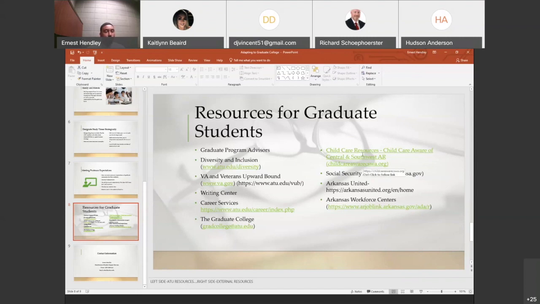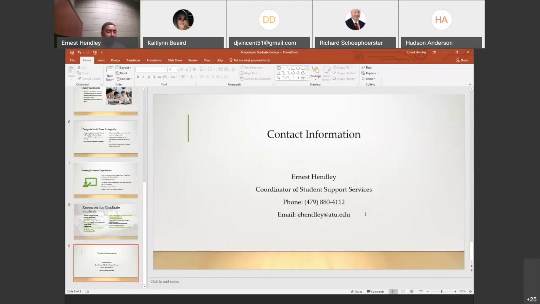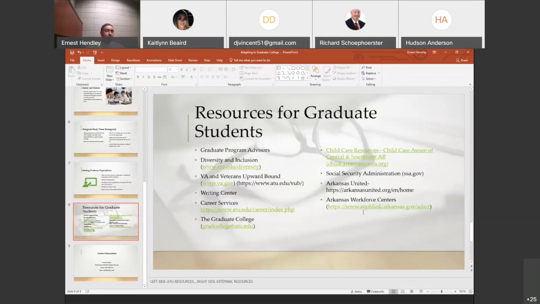And then we also have some external resources. We have Child Care Aware of Central and Southwest Arkansas. If you have some child care needs and want some resources while you're in graduate school, that's a great resource. The Social Security Administration, if you need passports updated, etc., want to know visa rules, this is an important resource. The two on the bottom are workforce related.